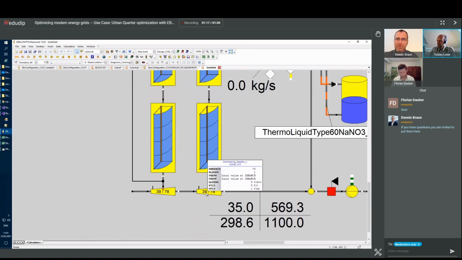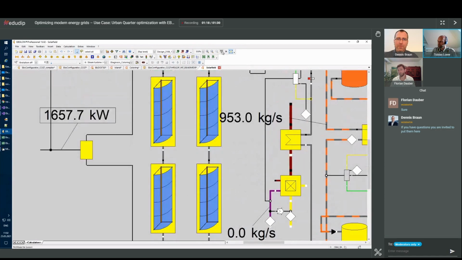The trough we're now calculating is the 39th trough in this row. We're calculating, of course, the mass distribution over the distributing header, and also the pressure drop over those. And by using this technique, we can quite closely model the whole field by only calculating 2 rows of troughs in the system.